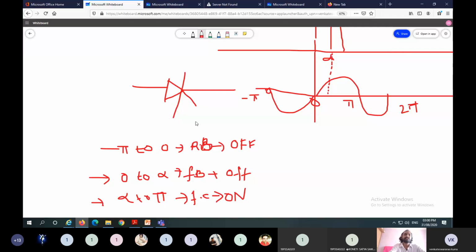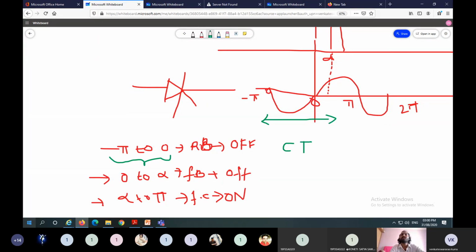So here the timing of the device is divided into two time periods. This minus 5 to 0 time period is defined as the circuit turn off time. Here, from minus 5 to alpha, this total time period, the time for which a power semiconductor device is in off state, is known as device turn off time.